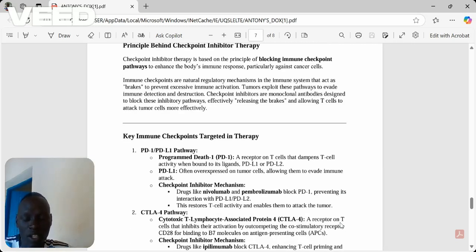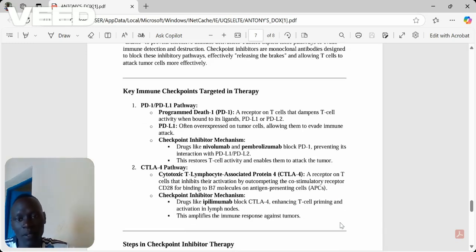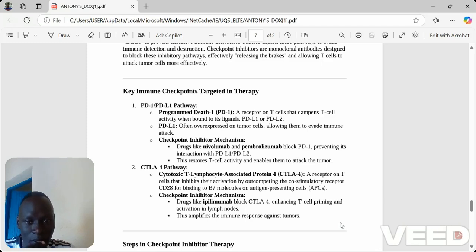The key immune checkpoint targets in therapy are the PD-1 and PD-L1 pathway. PD means programmed death one, a receptor on T cells that dampens T cell activity when bound to its ligand, PD-L1 or PD-L2.